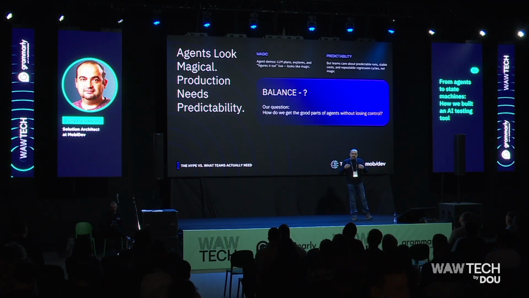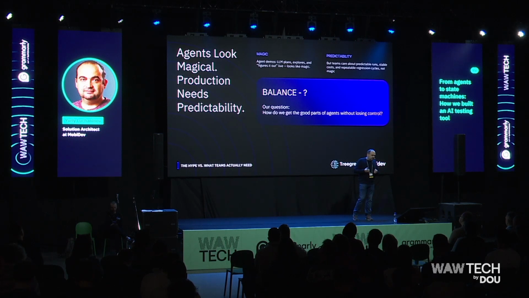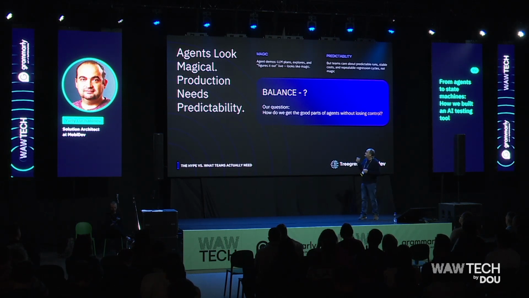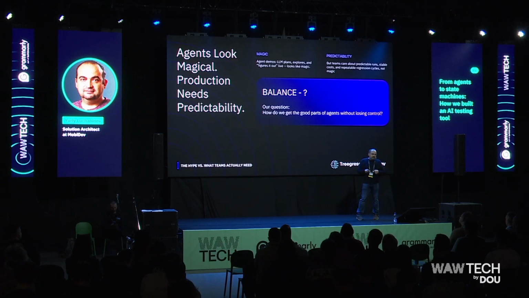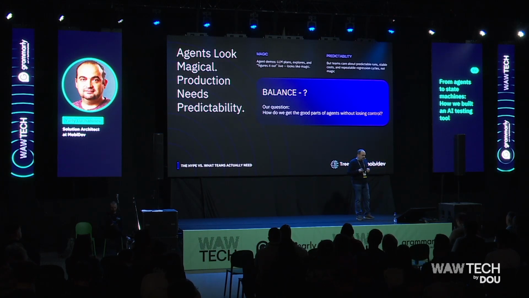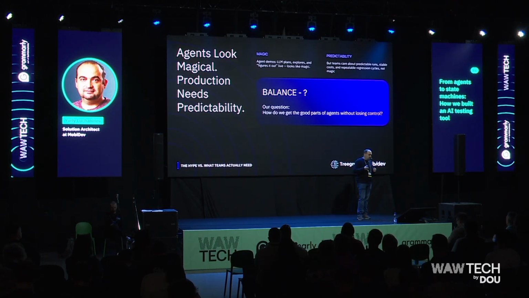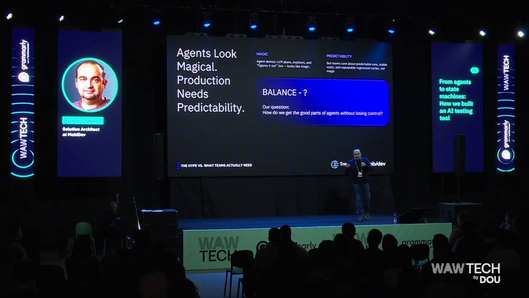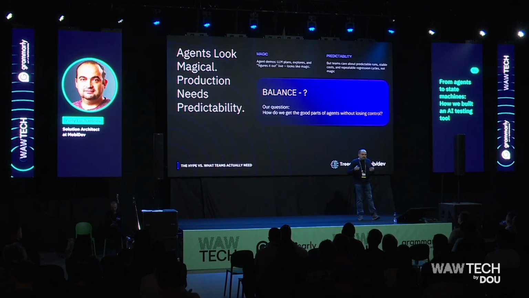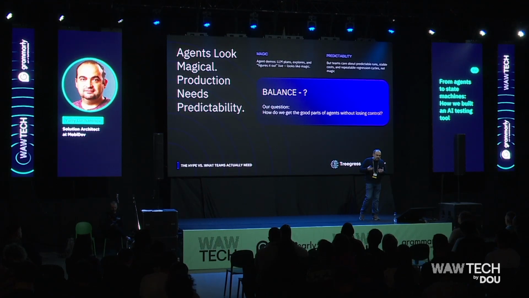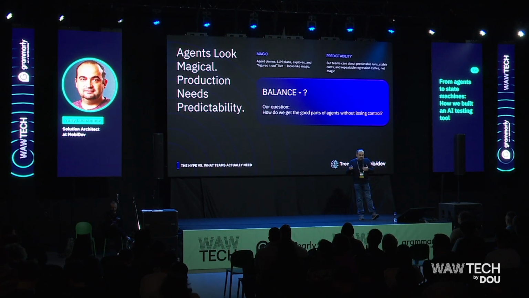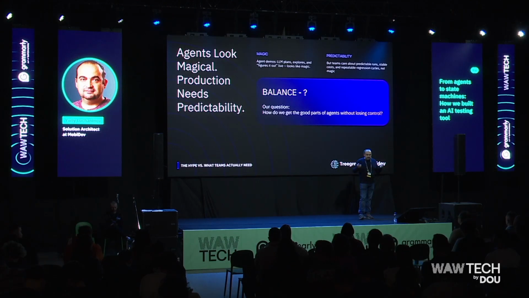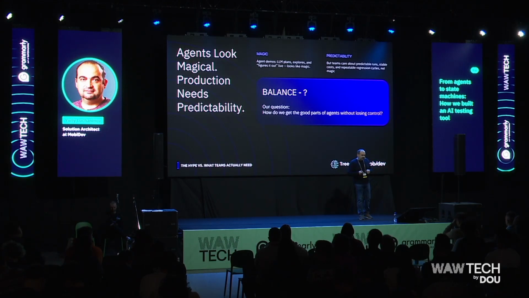When we started to build Regress, our main question was how do we get the good parts from an AI agent, and how do we take the good parts from standard or classical approaches to testing, without losing control when we started to use AI.